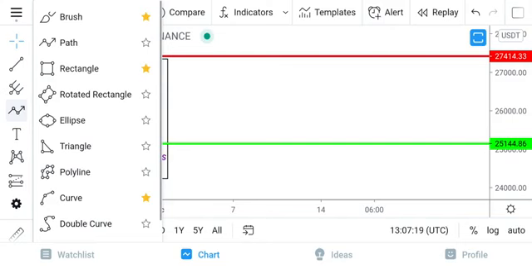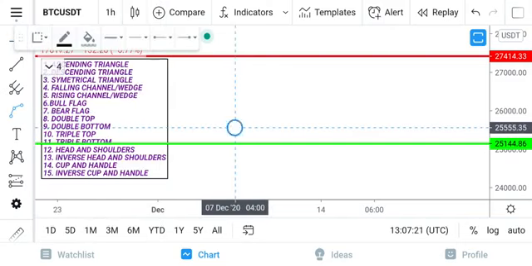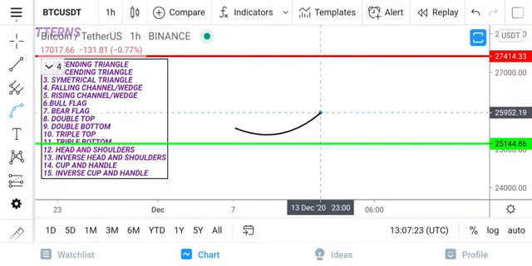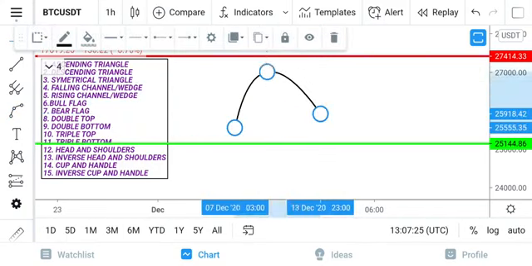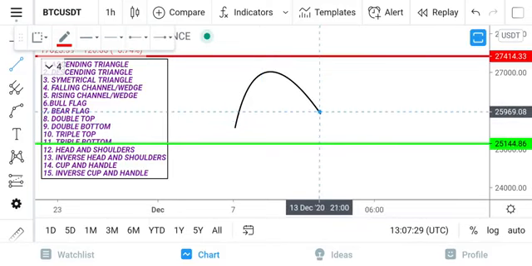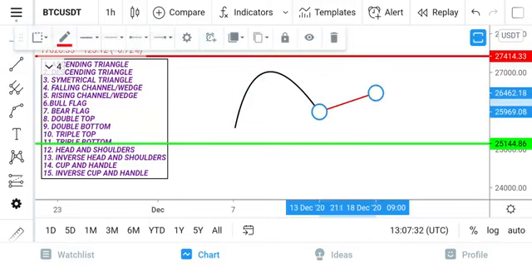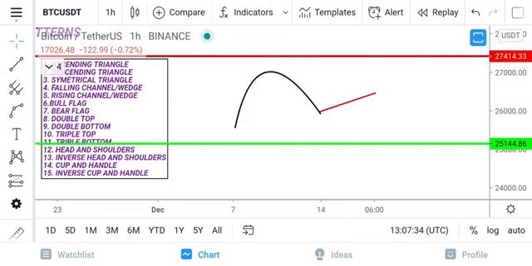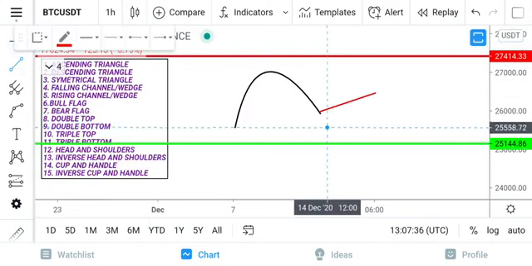So for inverse cup and handle, the inverse cup and handle is just the opposite, and it is bearish.